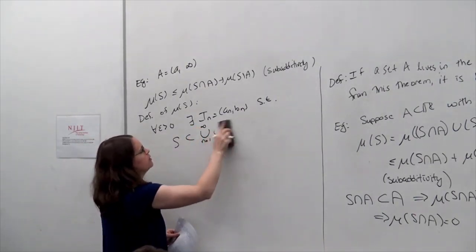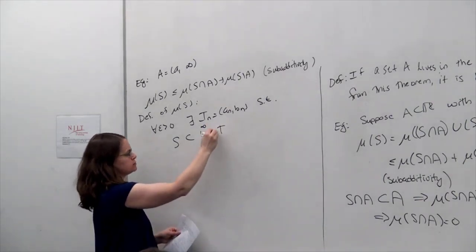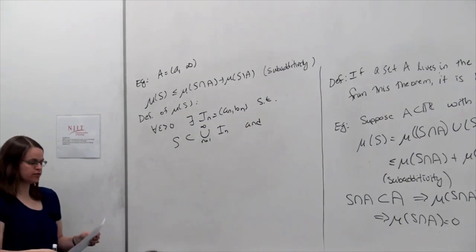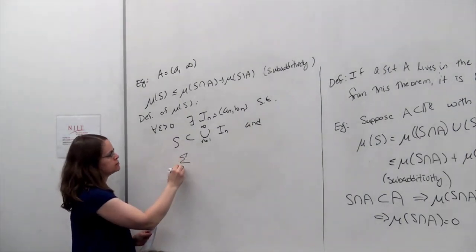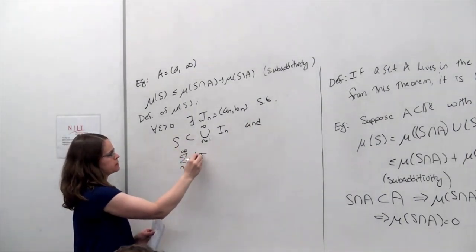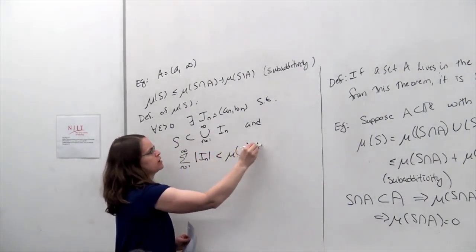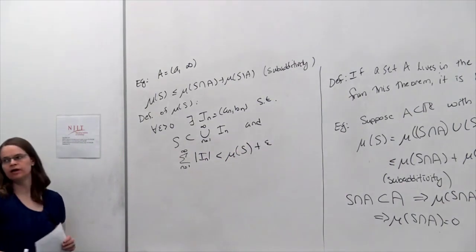Now, let me call this I_n. And if we add up the length of all of these intervals, this can get us within a distance epsilon of our infimum.